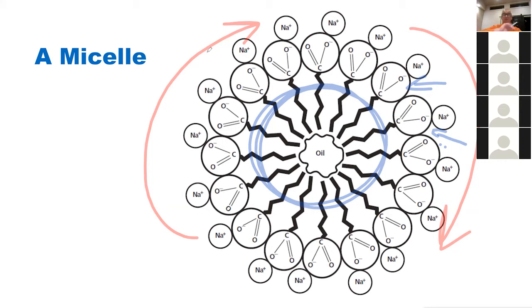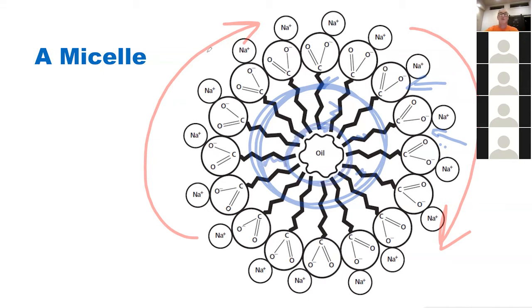In what we call a double layer or bilayer membrane, we have polar groups on the outside and non-polar groups on the inside. Inside of that is a second layer with more non-polar groups, and then polar groups on the inside.